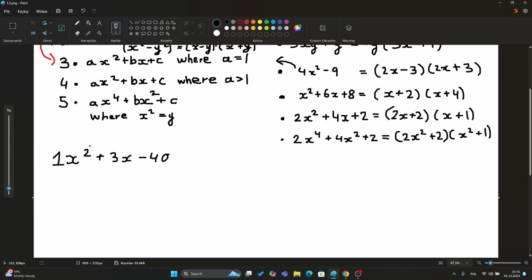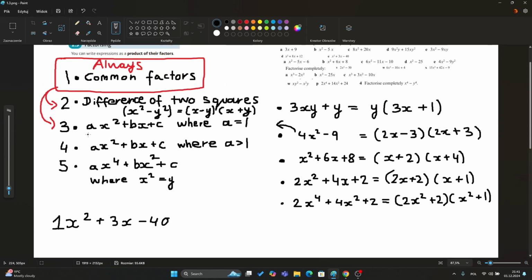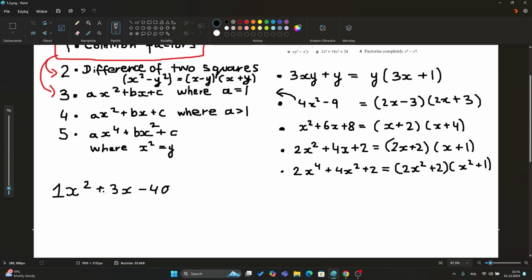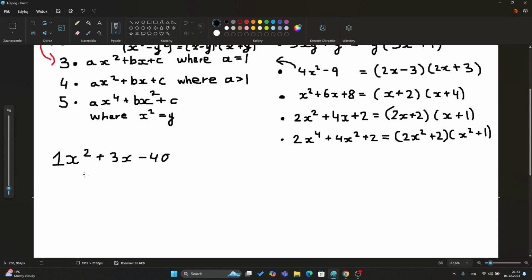No, it does not. And now you ask yourself if it's a difference of two squares, or is it ax squared plus bx plus c form? Now this is clearly an ax squared plus bx plus c form, where a is 1, b is 3, and c is minus 40. Now we find the two numbers that add to get 3 and multiply to get minus 40.